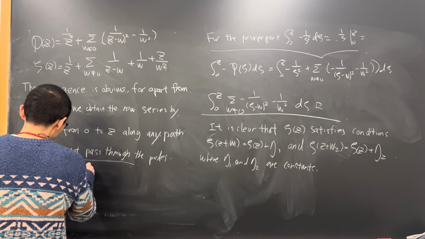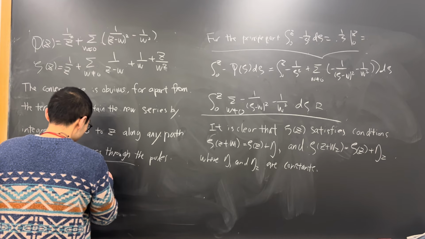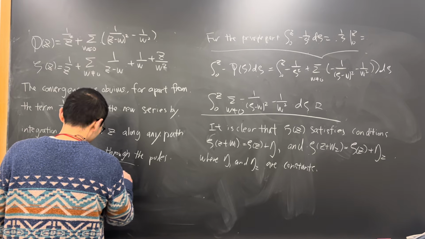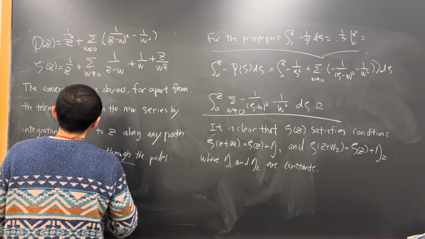So you want to compare with the original zeta z, then plus the summation over omega not equal to 0. Okay, so again, I think there is no difference for this term.